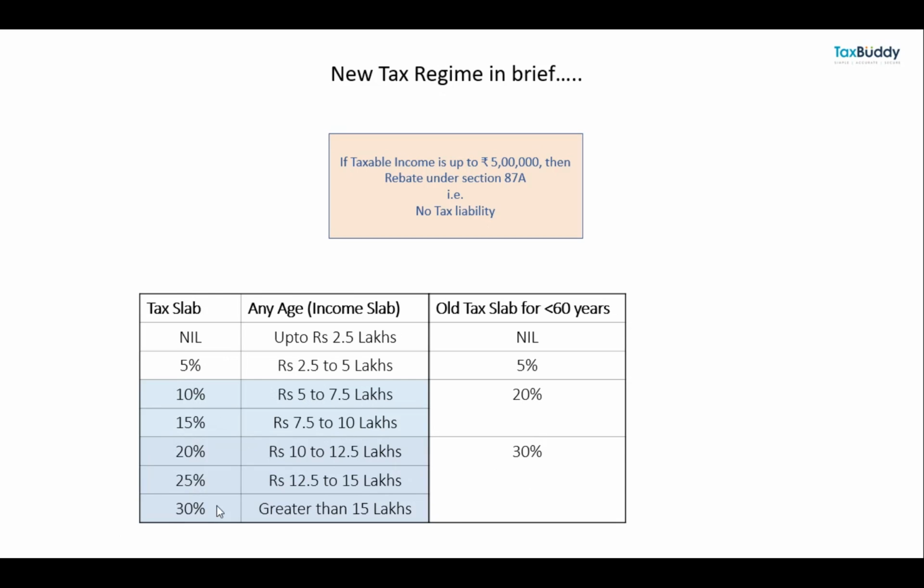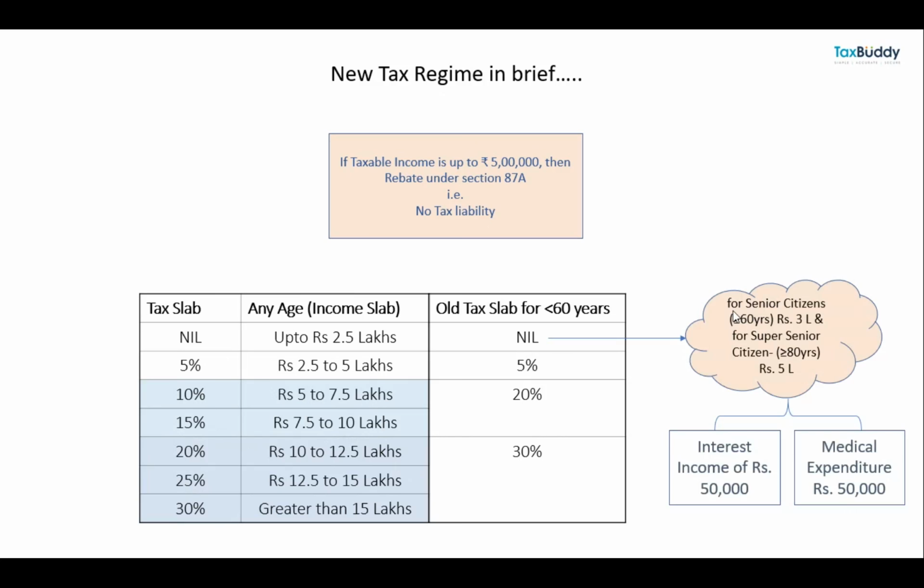Now let's discuss the senior citizen and super senior citizen, people aged 60 years or more and 80 years or more. I would recommend you go for the old regime because the basic exemption limit is higher in the old regime. As we can see, 3 lakh for the senior citizen and 5 lakh for the super senior citizen.